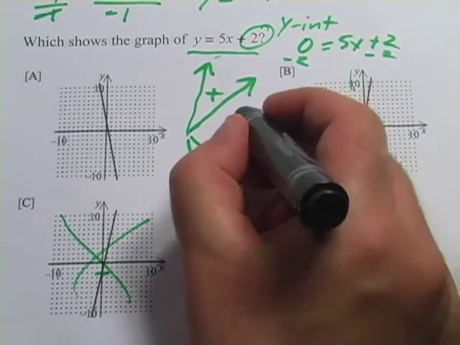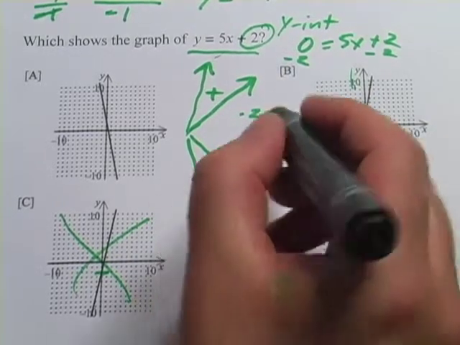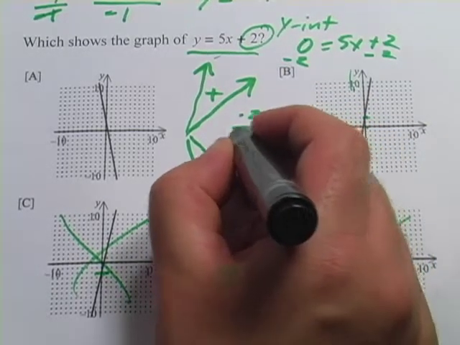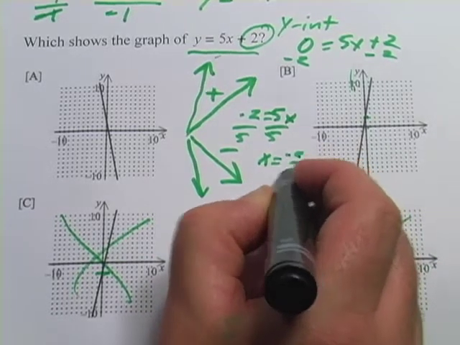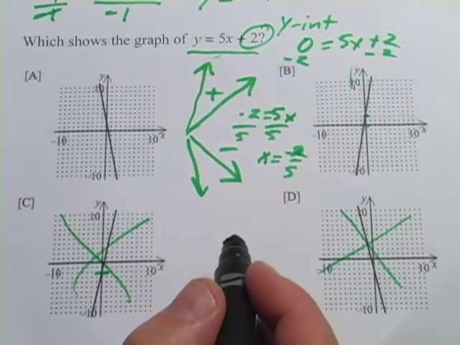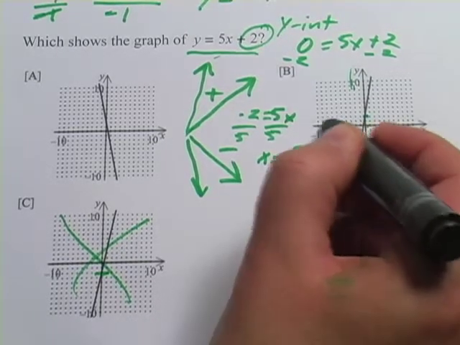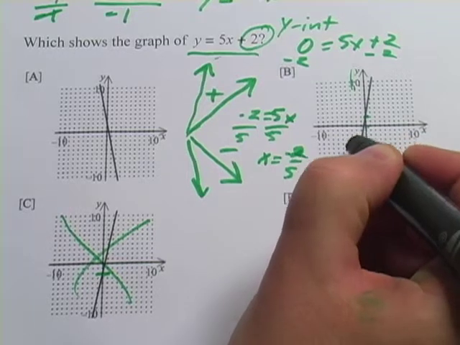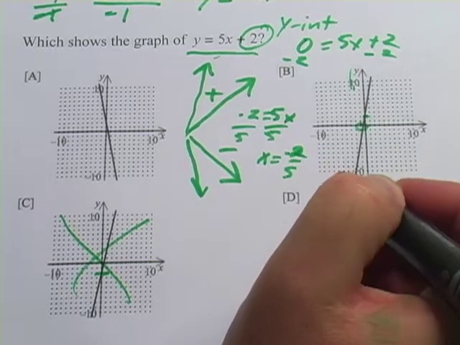I get -2 equals 5x, and then to solve for x I divide by 5. So I get x equals -2/5. So a negative number. So when y is 0, which is where it's going to cross the x-axis, it should be just a little bit on the negative side of things, which is right there.